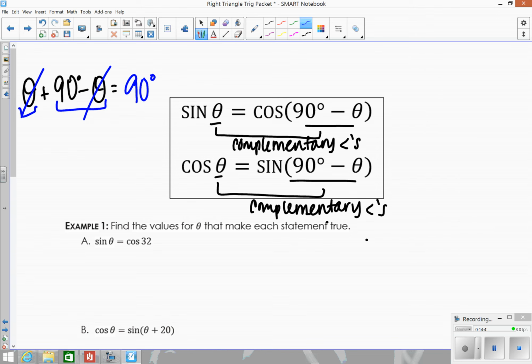So this is the notation. This is like the sine and cosine complements theorem, or the complements rule. So this is called sine and cosine complements. We call them complements because they're equal for complementary angles.